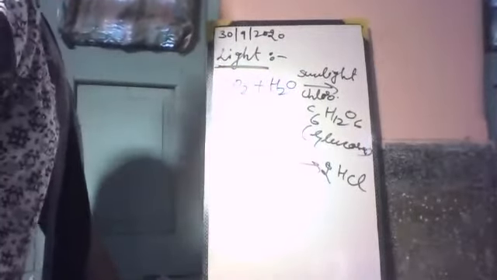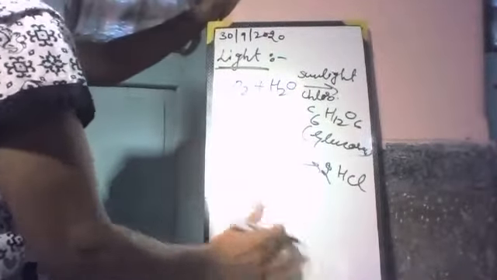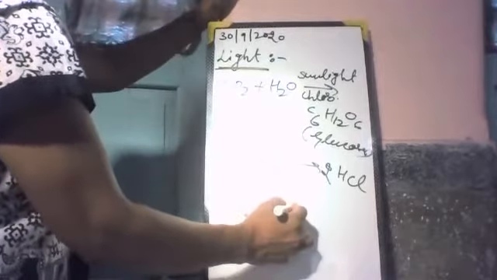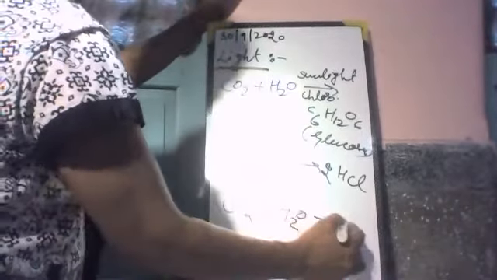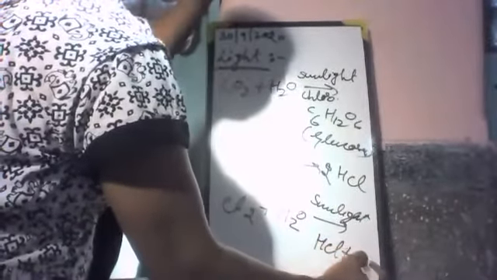If chlorine water is exposed to sunlight, if you put chlorine water in sunlight or it gets sunlight from anywhere, bubbles of gas are seen. These bubbles show that the chlorine water decomposes. Cl2, the chlorine, reacts with water in the presence of sunlight and forms HCl and HClO.